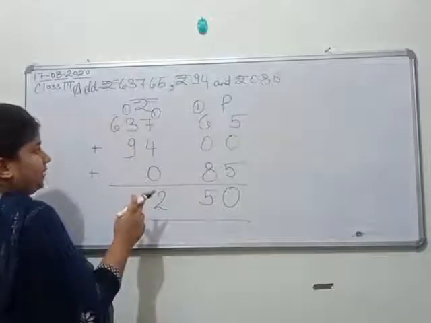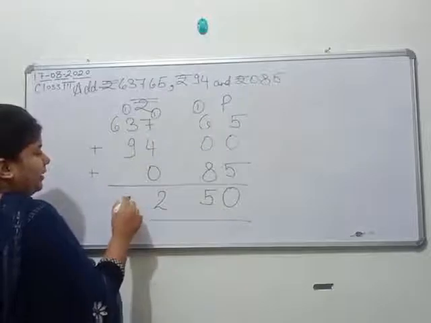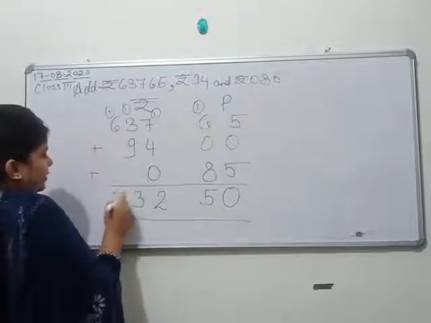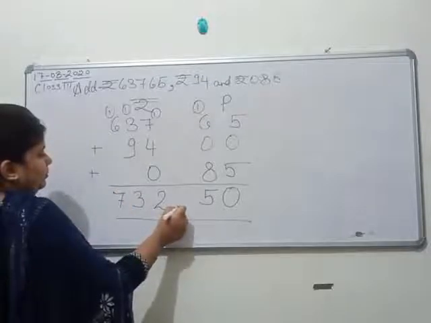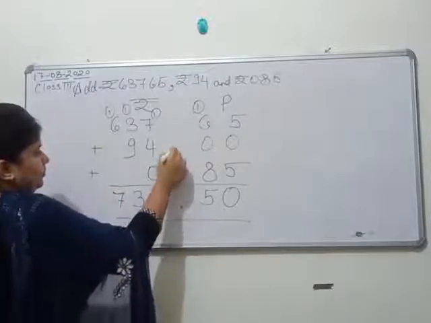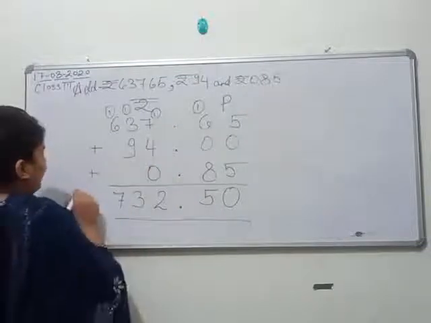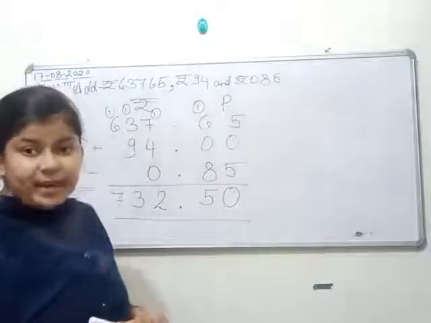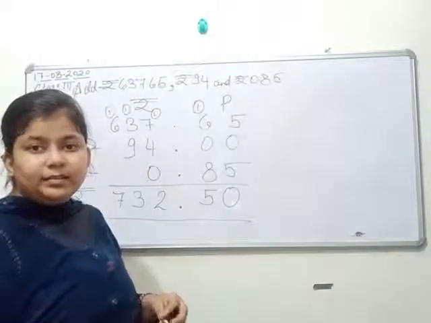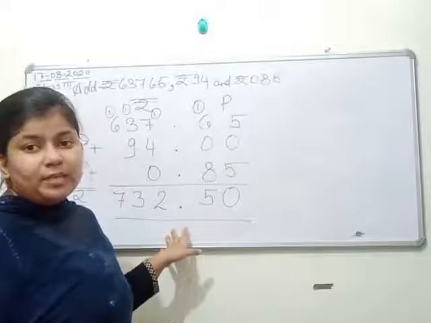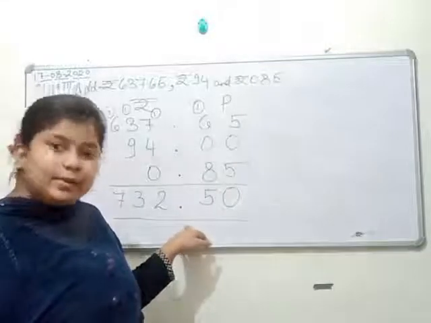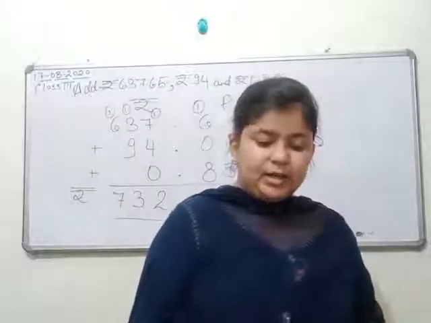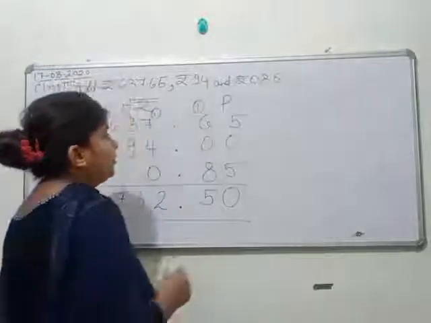Next 9 plus 3 is 12, plus 1 is 13, carry 1, and 6 plus 1 is 7. So our answer is 732 rupees and 50 paise. This is our answer.